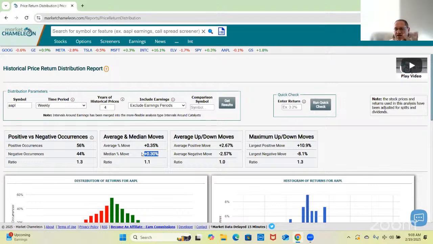So when the stock went up, if you invested $1,000 and it went up, you would have to sell some stock to get it back to risking $1,000 notional. If the stock went down, well, now you'd have to buy more stock to get back to $1,000 notional at risk. Okay, so that's how this is calculated from week to week.